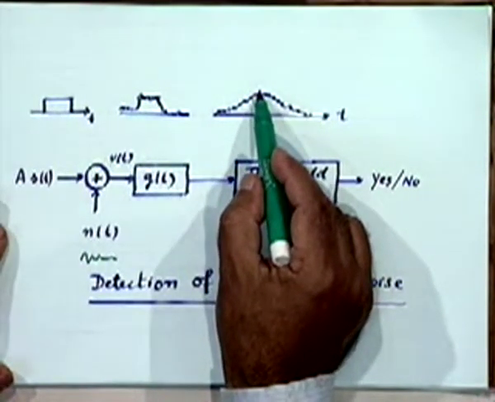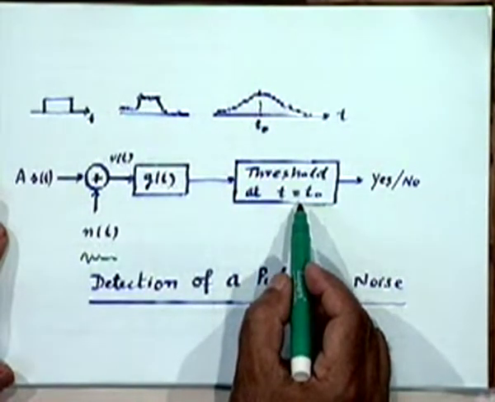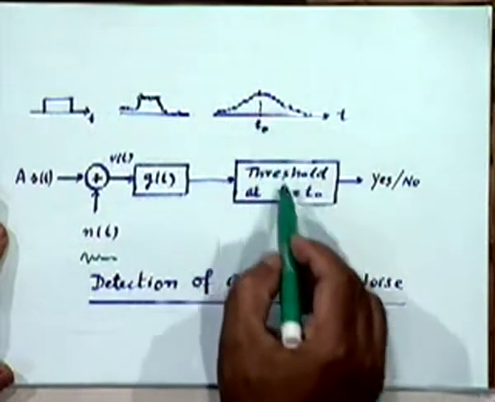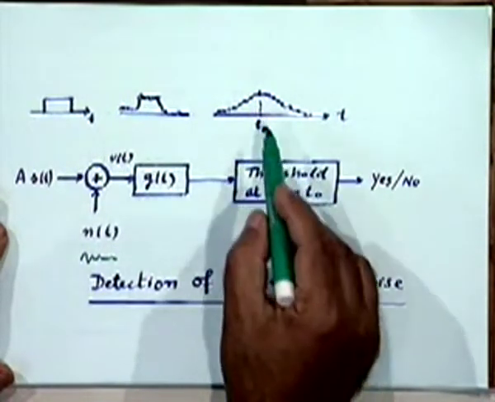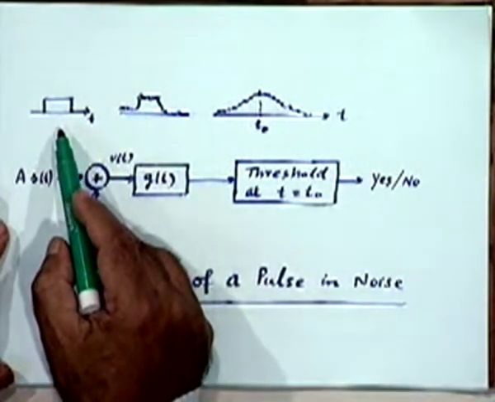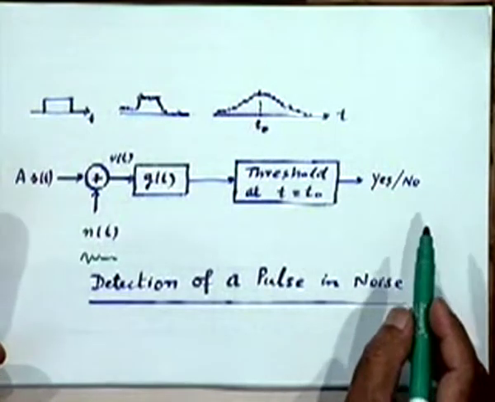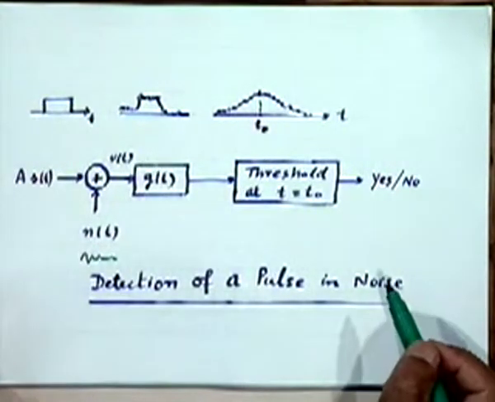Therefore we will sample it at that time and compare the value with the threshold, and if that sample value exceeds the threshold, we will declare that the pulse was indeed present. If it does not exceed the threshold value, we will say it is absent, right?